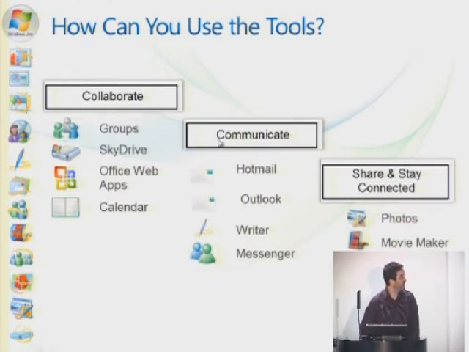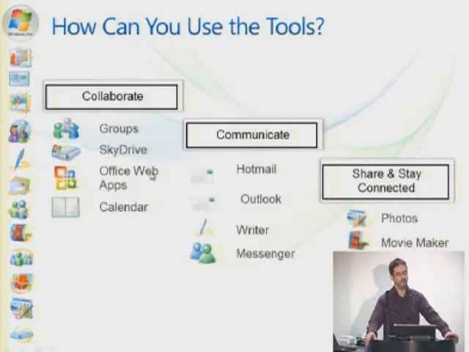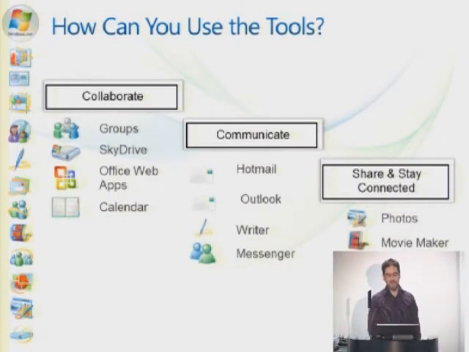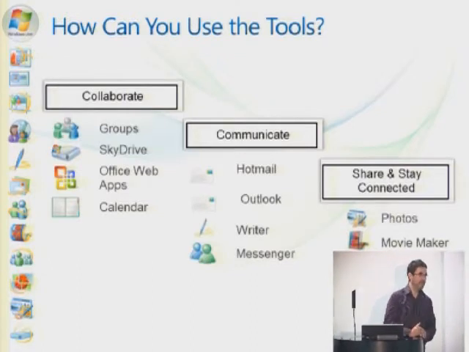This is where the next tool, the Office Web Apps, comes in, and I'll show you this in a second. When I upload or make available a Word, PowerPoint, Excel or OneNote file to the members of my group, they have the capability to view and edit these documents using the Office Web Apps. This looks very familiar to your users.